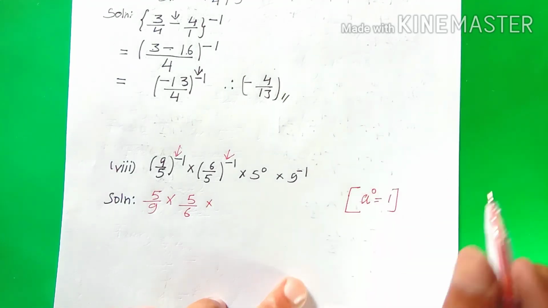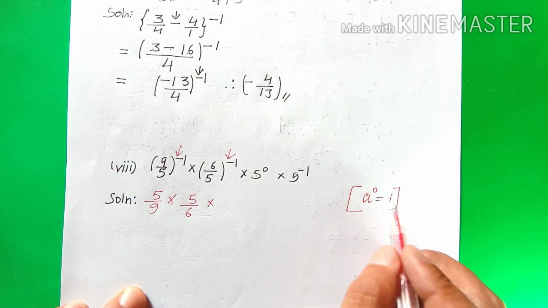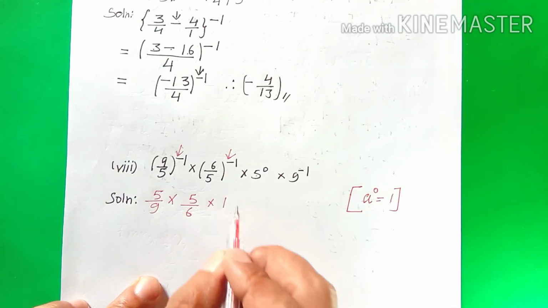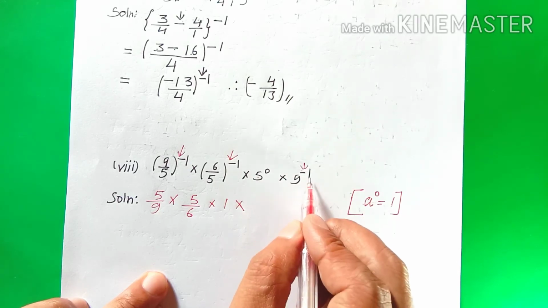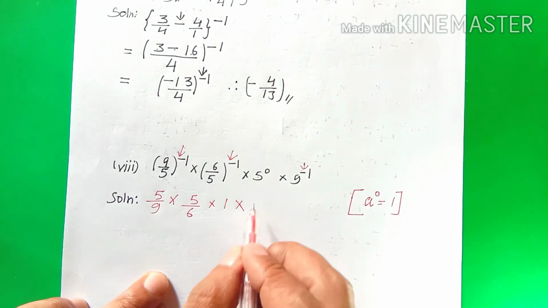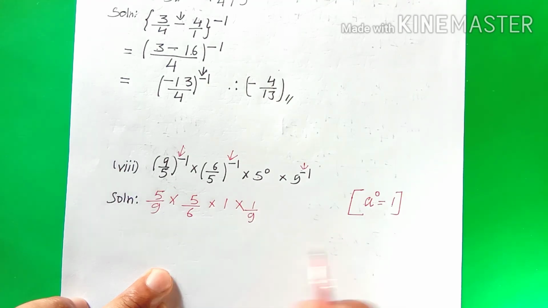So we can close here. So 5 raised to the power 0 is equal to 1. So you'll have to take here 1 again times negative. So change this into a positive, it will take the reciprocal, so reciprocal will be 1 by 9.